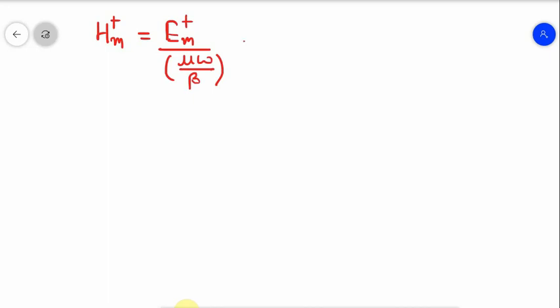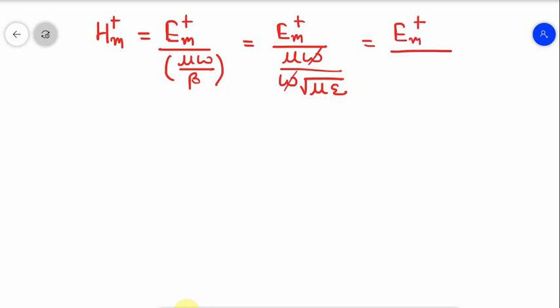If we write it more clearly, it is Em plus upon mu omega upon omega root mu epsilon. If these two terms cancel out, and root under mu and mu is further solved, it is written as Em plus upon root over mu upon epsilon. So put it as equation 5.